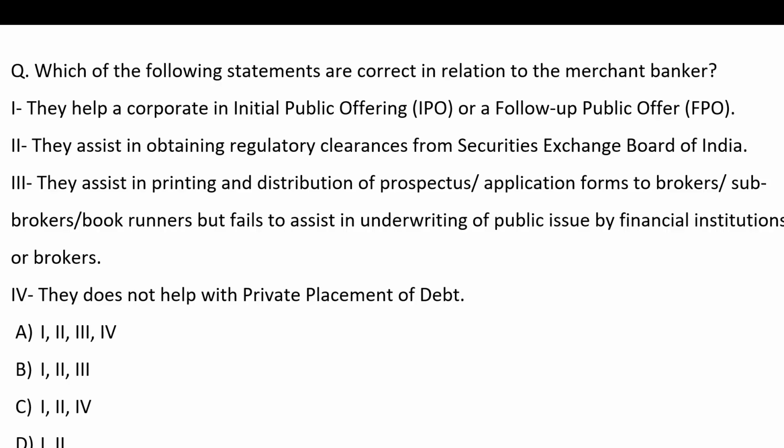This part is correct, but fail to assist in underwriting of public issue by financial institution or broker. No, they help in underwriting services. Hence, this statement is not correct. They do not help with private placement of debt. No, this is also not correct. They do help in private placement of debt. Hence, option D is your correct answer for this question.